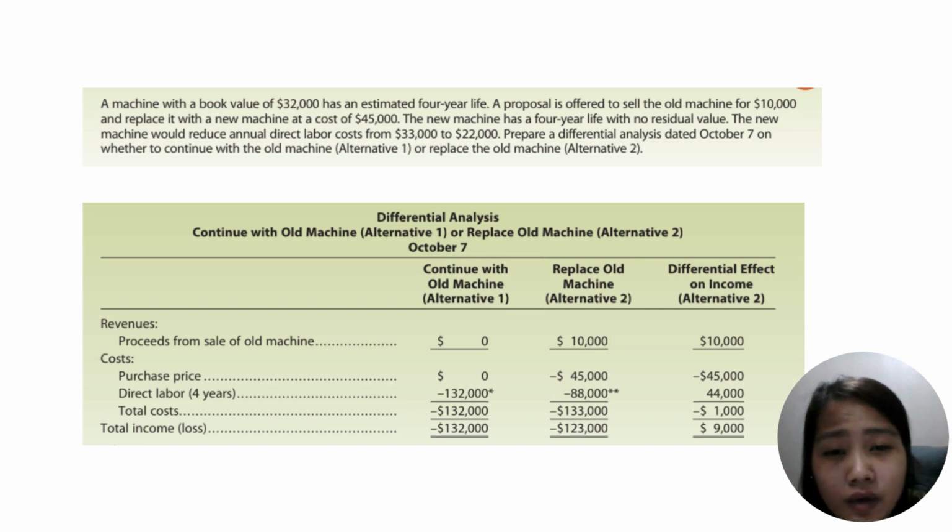So for alternative one, we have a $132,000 loss, and alternative two is $123,000 at a loss. So overall, the differential effect on income for alternative one versus alternative two is $9,000. So therefore, the old machine should be sold and replaced with a new machine.